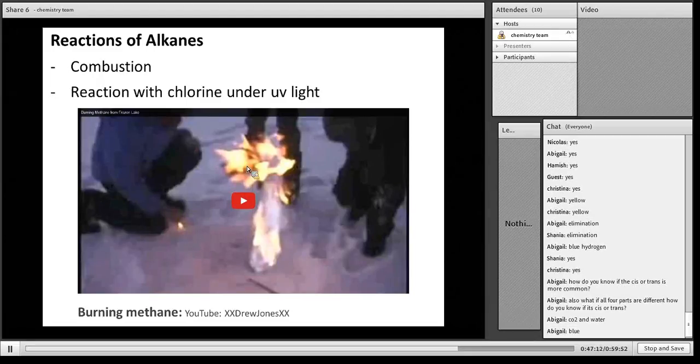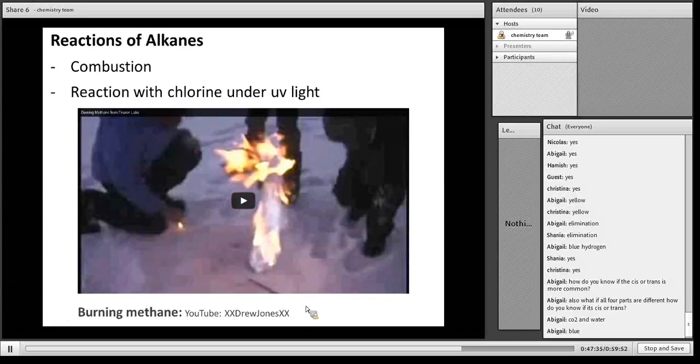Blue. Correct. It'll be nearly invisible. If you have a Bunsen burner given lots of oxygen, so it's complete combustion, it nearly looks invisible. So we often call the yellow flame a safety flame, because you can actually see it. A blue flame you can't see, and you can then burn something by mistake.